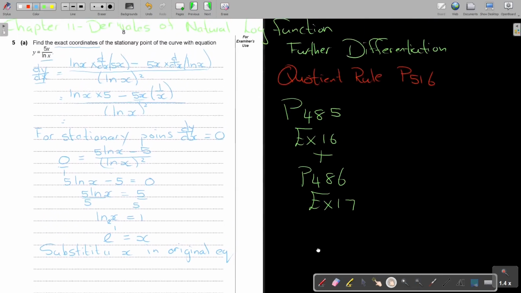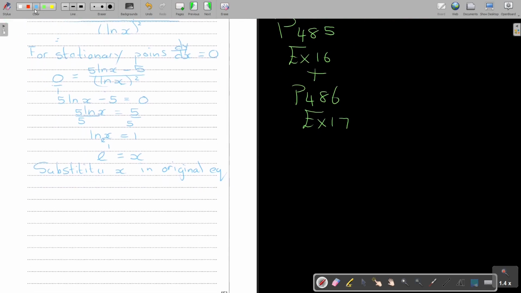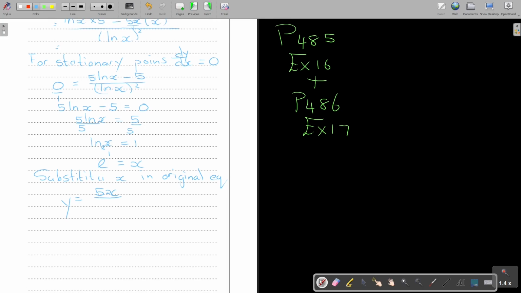Don't forget that this is my original equation. There it is. So I'm just going to say y is equal to 5x over ln x. This is the original equation. I first wrote it down.